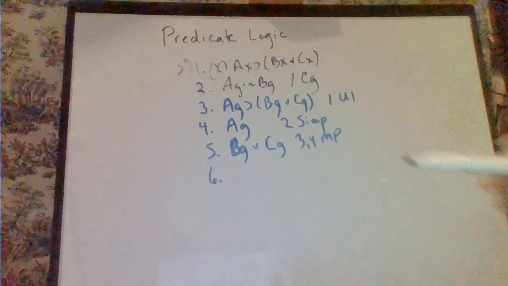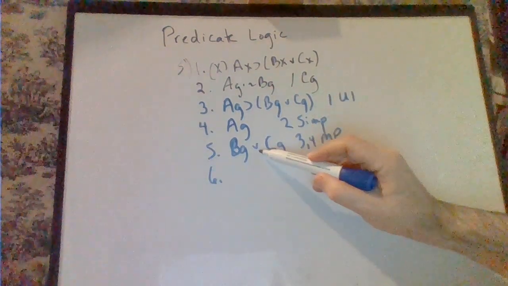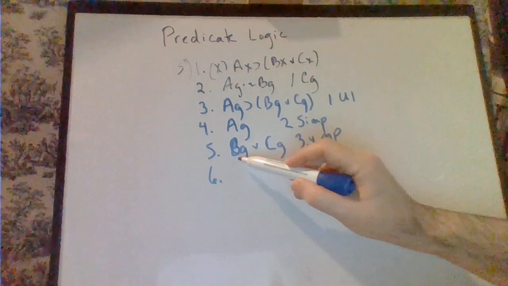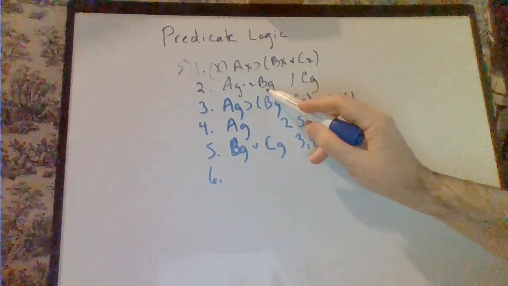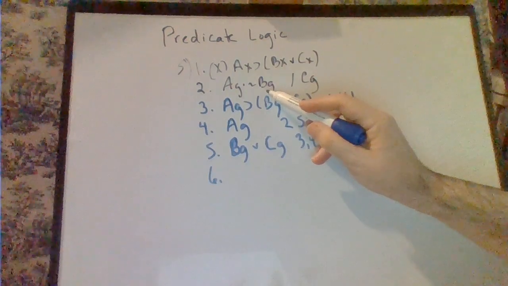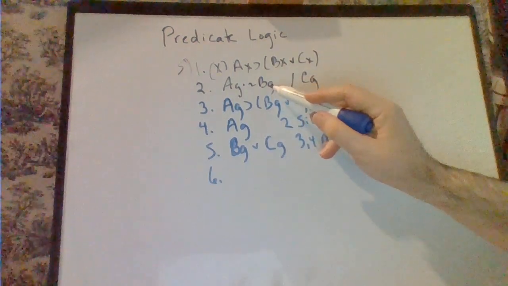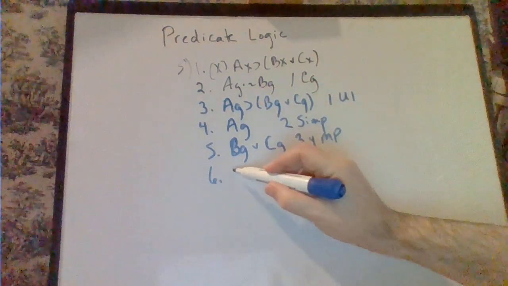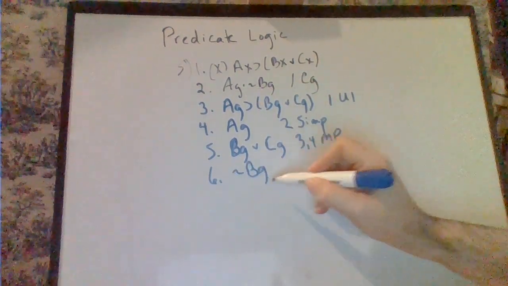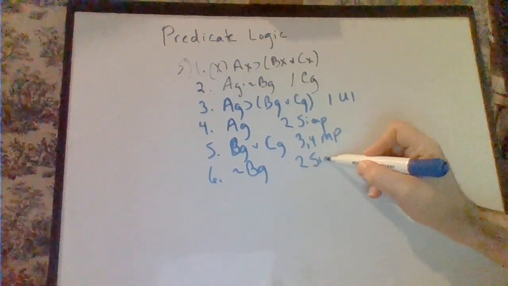Now what we want to get is Cg. We've got a wedge here, so if we can get a not Bg, we can set up a disjunctive syllogism. Well, right up here on line 2, you've got Ag and not Bg. This time, this is the side we want, so we're going to do simplification again to keep this side, get rid of that one. So we end up with not Bg from 2 through simplification.